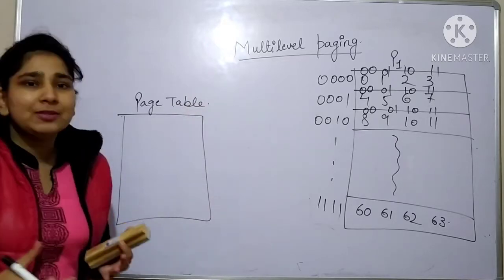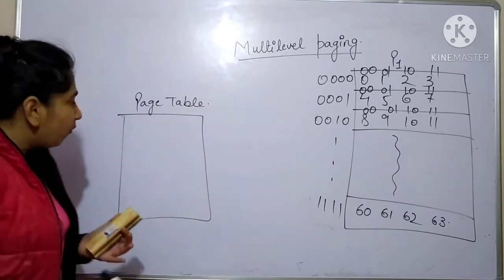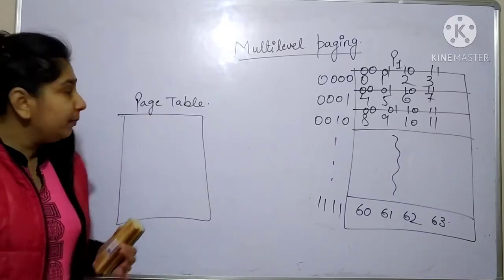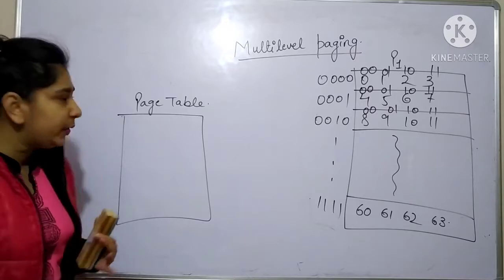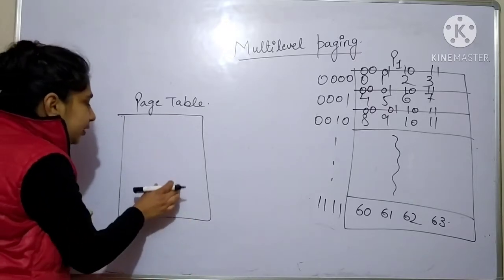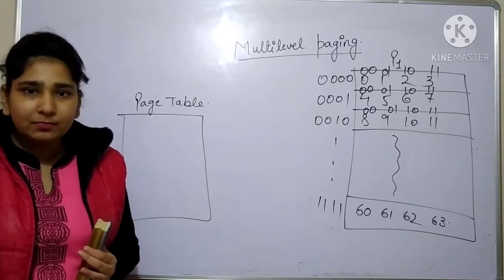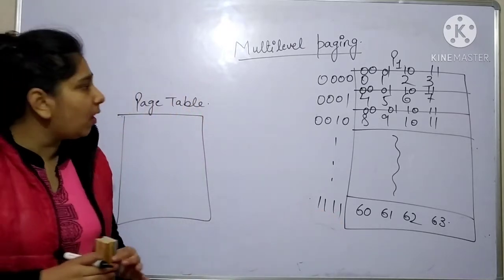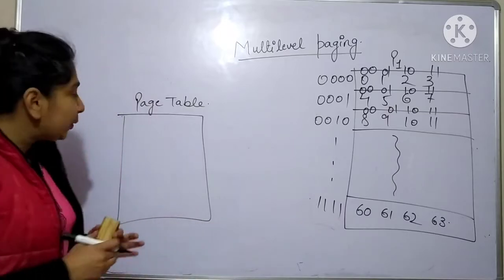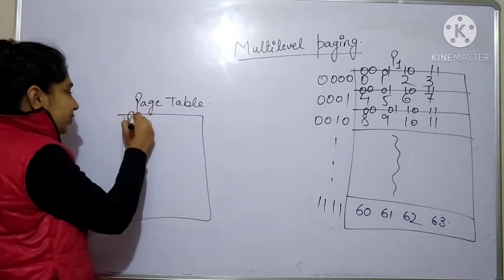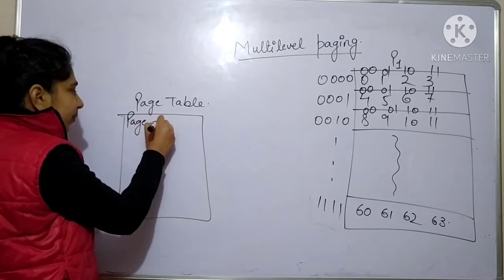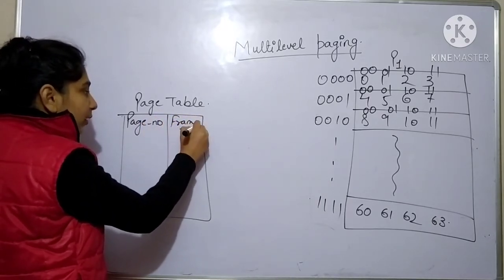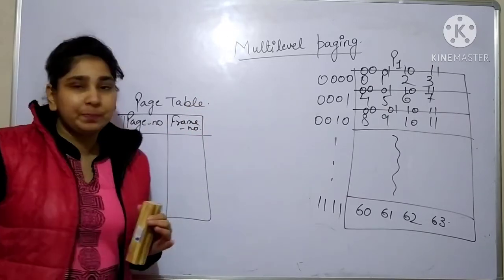If your process size is bigger, obviously your page table size is also going to increase, because the total number of entries in the page table is going to increase. I have a total of 16 pages of process P1, so I have to store 16 entries in the page table, one for each page.